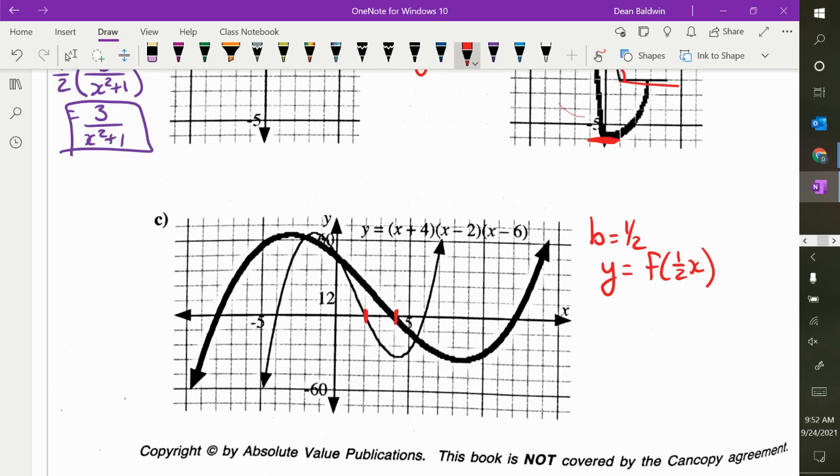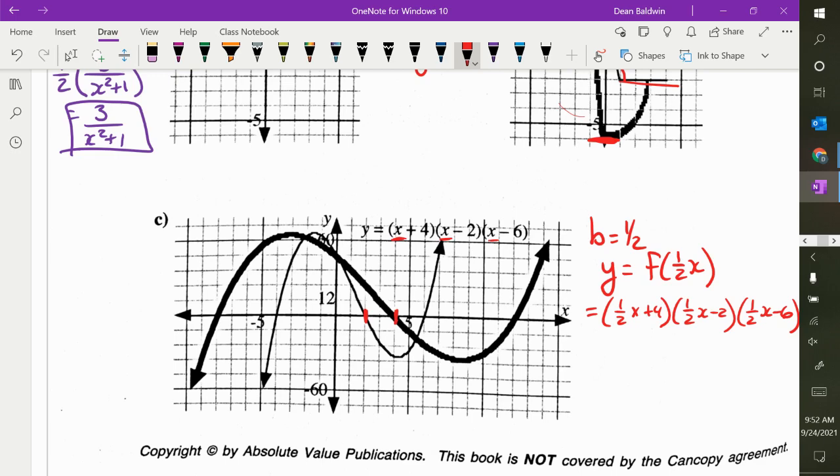Everything in the brackets goes where? In for all the x's. All right, if you look at the equation, there's an x, there's an x, there's an x. So this becomes bracket 1/2 x plus 4, 1/2 x minus 2, 1/2 x minus 6.